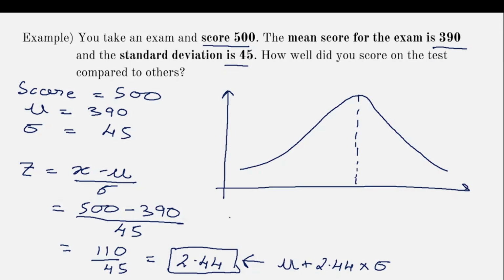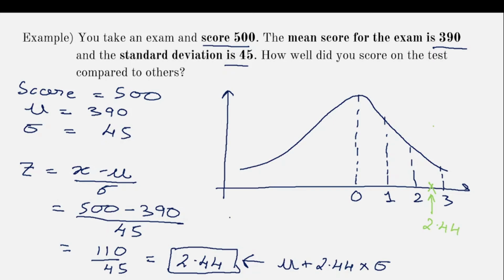A standard normal distribution is centered about the origin. This point will be one standard deviation above the mean and will be equal to 1. This will be equal to 2 and this will be 3 standard deviations above the mean and will be equal to 3. So my z-score lies somewhere here. So this point will be 2.44.